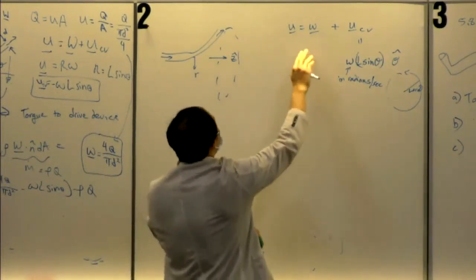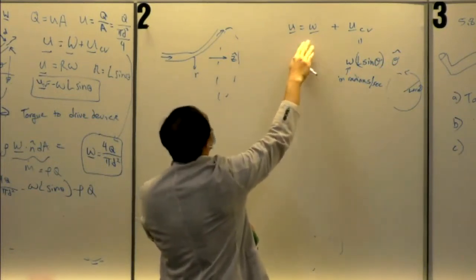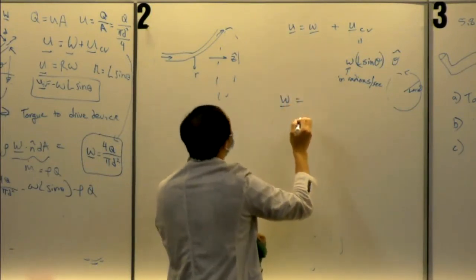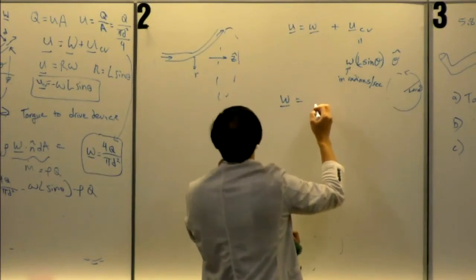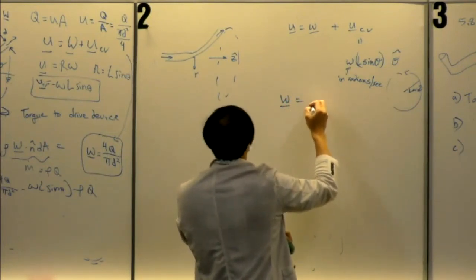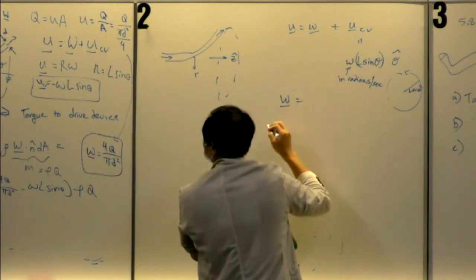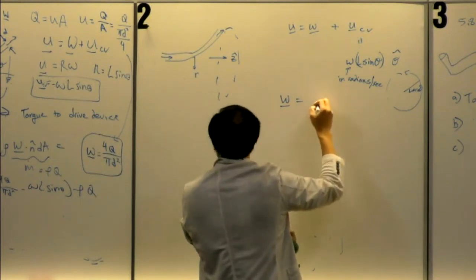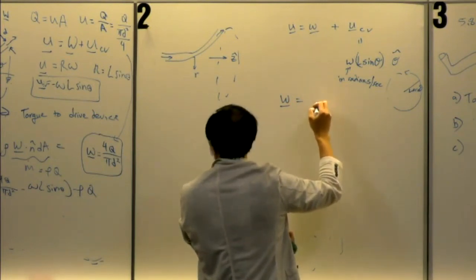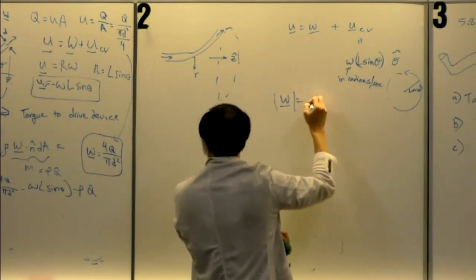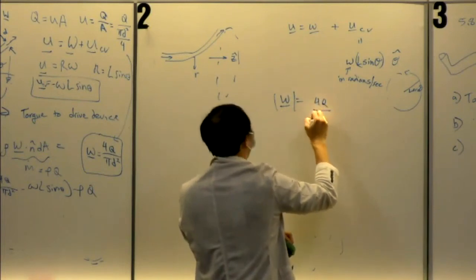The issue is that W actually has some components in the Z direction and some in the R direction. So to be really precise, we would write W as, we're given Q, so we know this, 4Q over pi d squared.